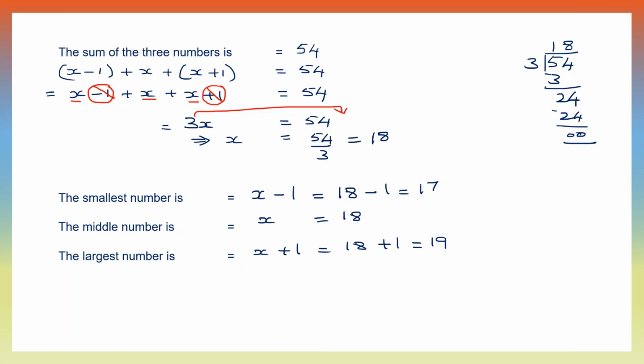So we've got our numbers. 17 is the smallest number, 18 is the middle number, and 19 is the largest number. So the numbers are 17, 18 and 19. With that, we come to the end of this exercise. Thank you, children.